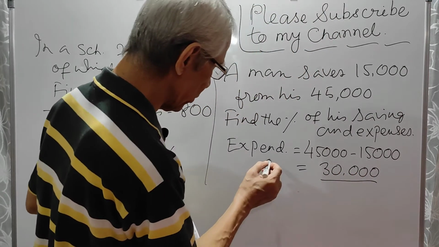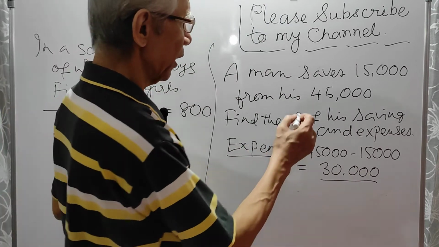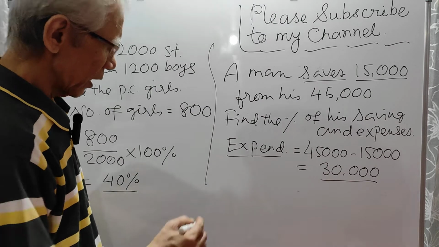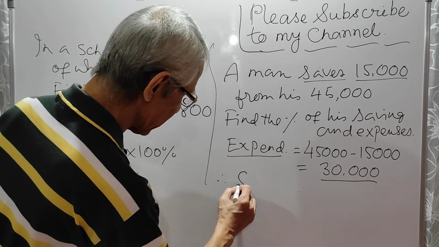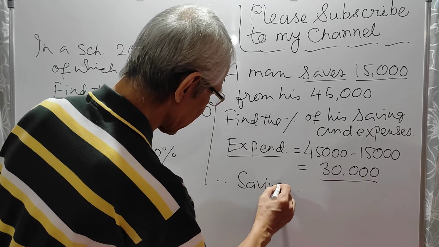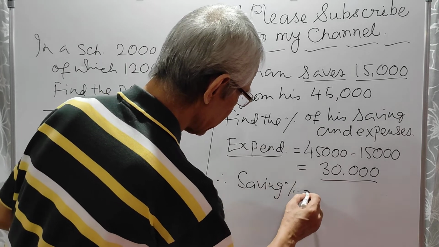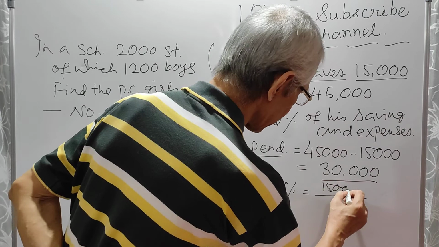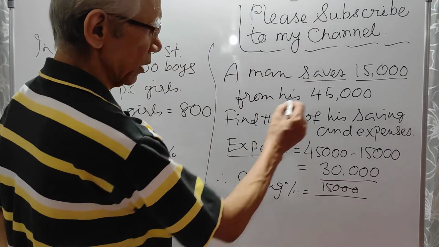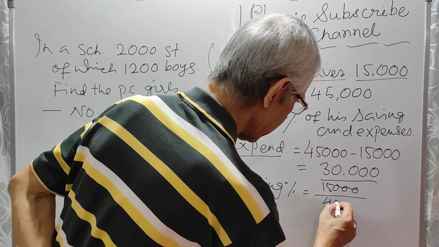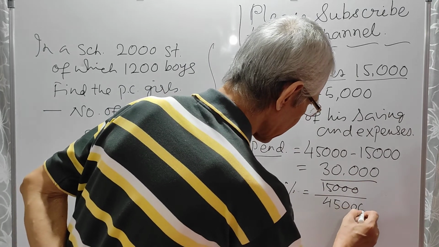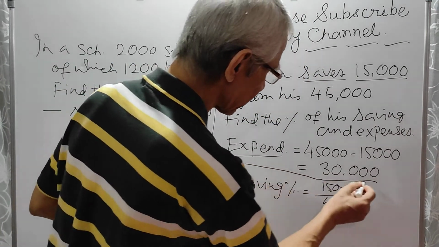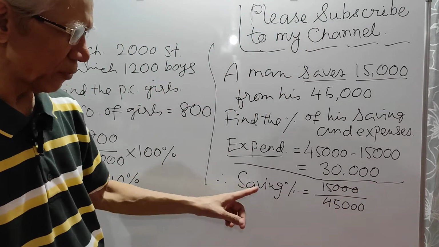So 30,000 is the expenditure, and the other part, 15,000, is the saving. Now we have to find out the saving percent.